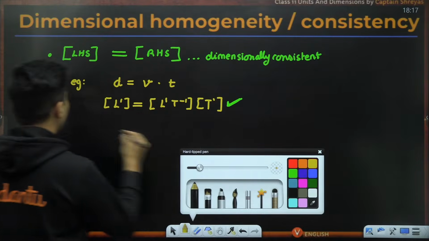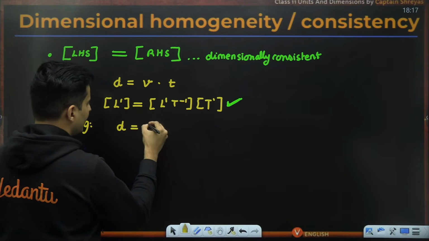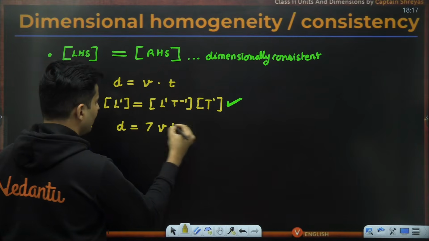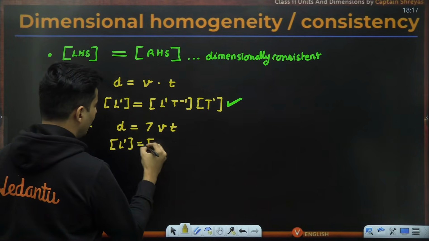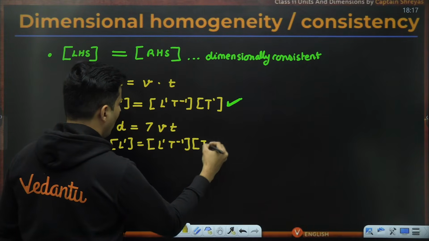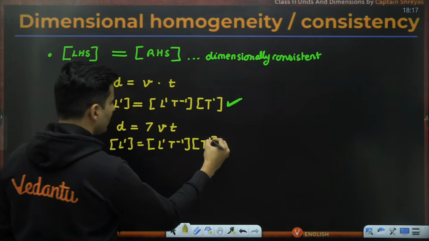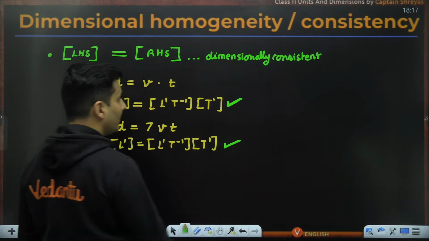If I give you another example, say distance is 7 times Vt. Here also on the left hand side the dimension is of length. On the right hand side, if you calculate, it is still of length only, because plus 1 and minus 1 will cancel. So this is also dimensionally consistent.